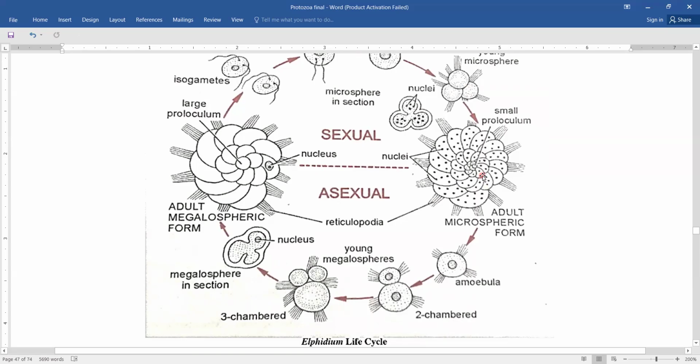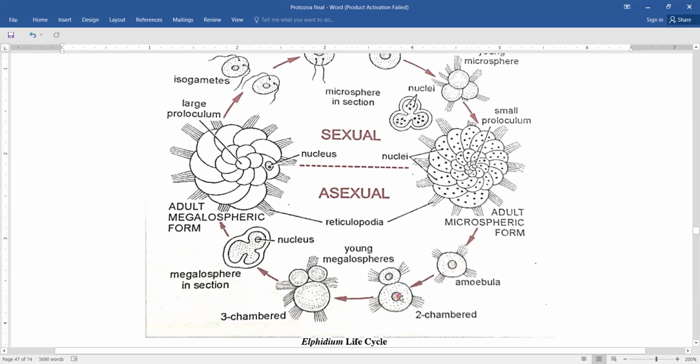Each nucleus acquires some amount of cytoplasm, and so many smaller amoebulae are generated within the shell, and they are released outside. They are called amoebulae. Many of them are produced, each with a single nucleus.